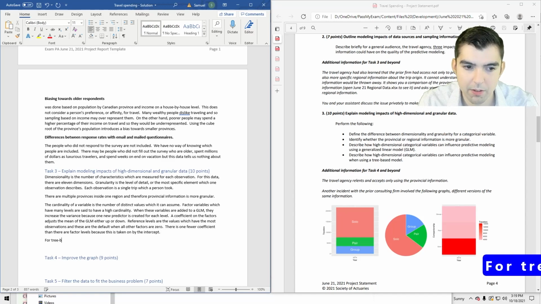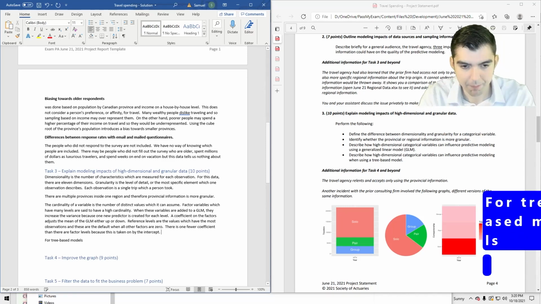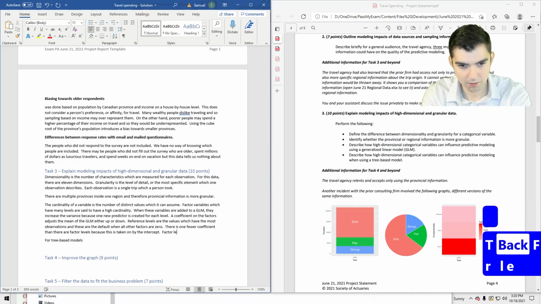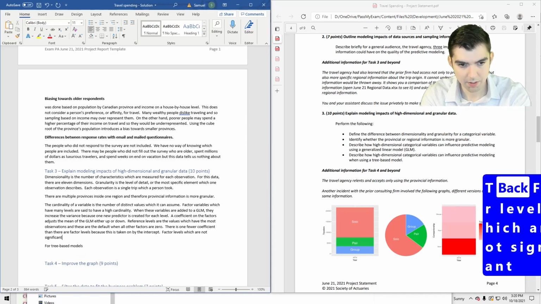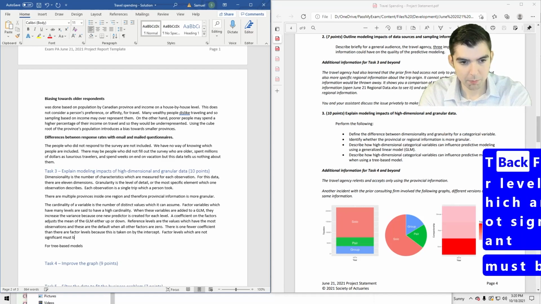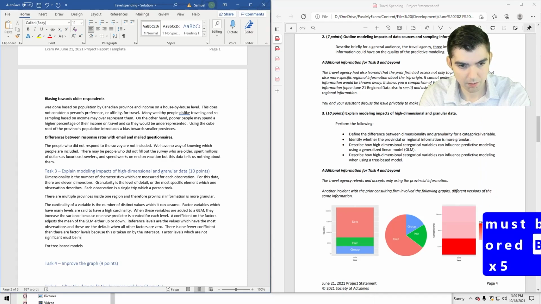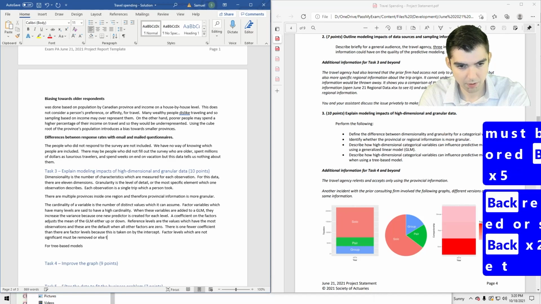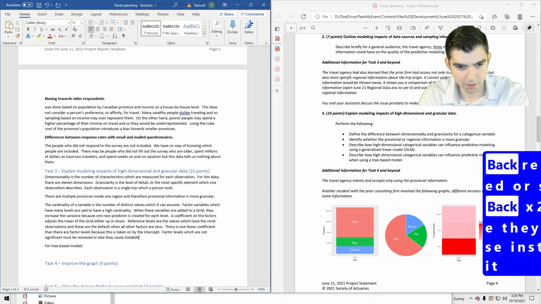For tree-based models, okay, so when you use a GLM, factor levels which are not significant must be removed, or else they cause instability and overfitting.